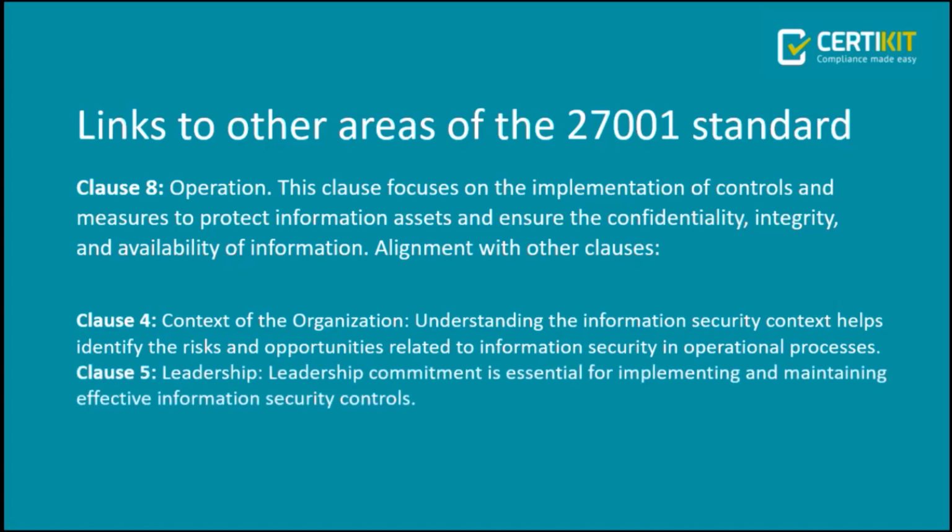Clause 5, again, this is the leadership. Without support or leadership, and I've said it for all the other ones, without that support and the backing of senior leadership, it doesn't matter how much effort you put into it, it will taper off and eventually fail.